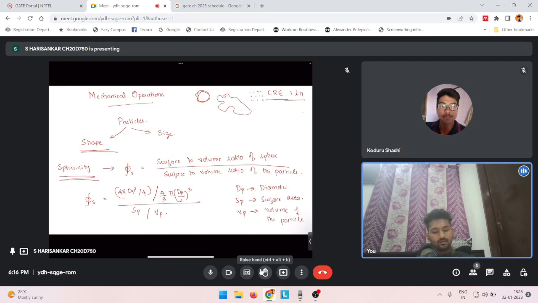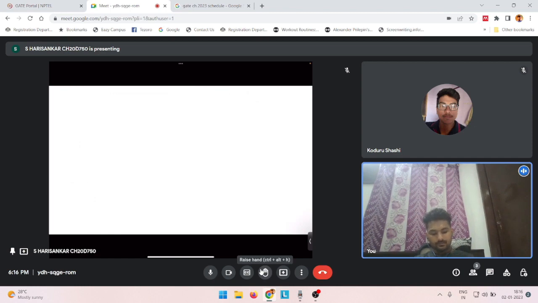So you can cancel out all these constants and whatnot, and you can come at a very simple equation like this. So sphericity phi s will be 6 Vp by Sp dP. So this is the basic equation of sphericity of a particle.